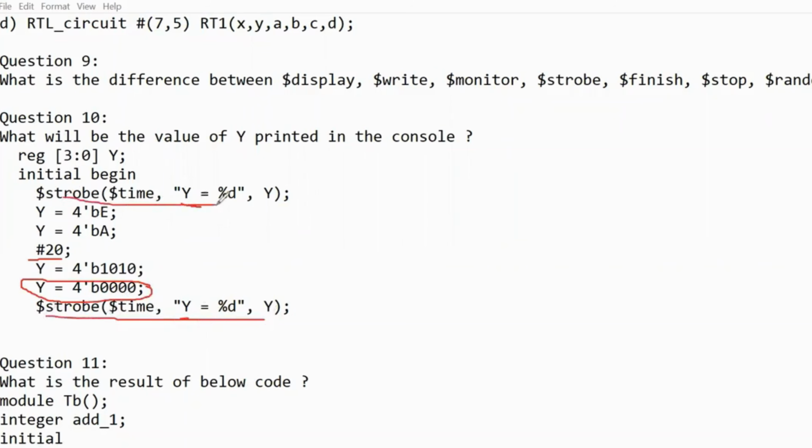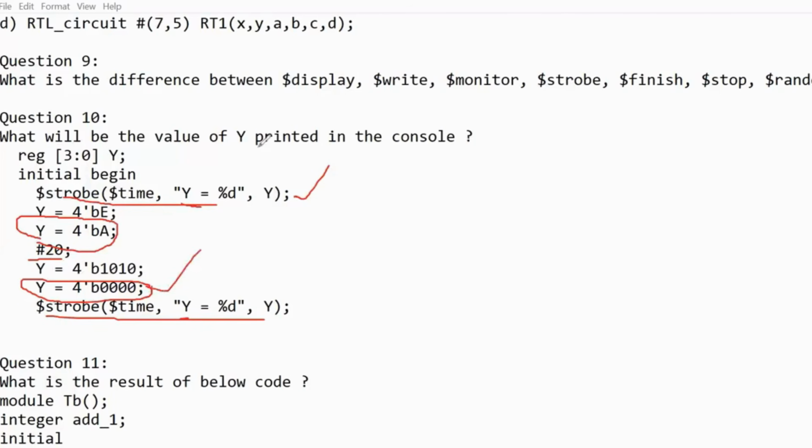What about this $strobe? At the 0 simulation time, what is the last statement? y equal to A is the last statement. After 20 time units, at that current simulation time, what is the last statement? y equal to 0.